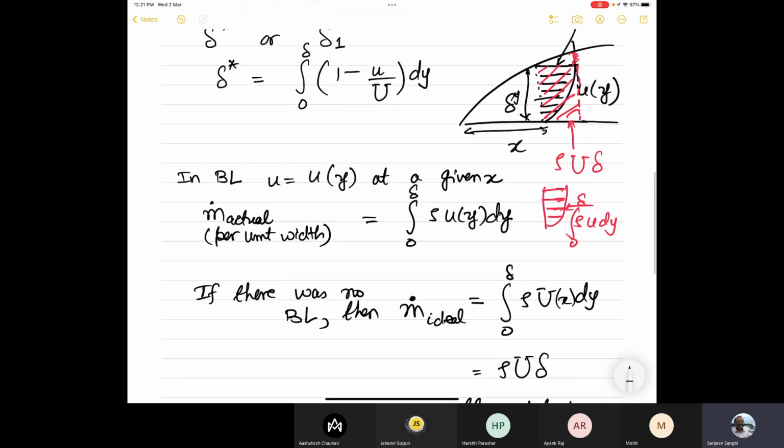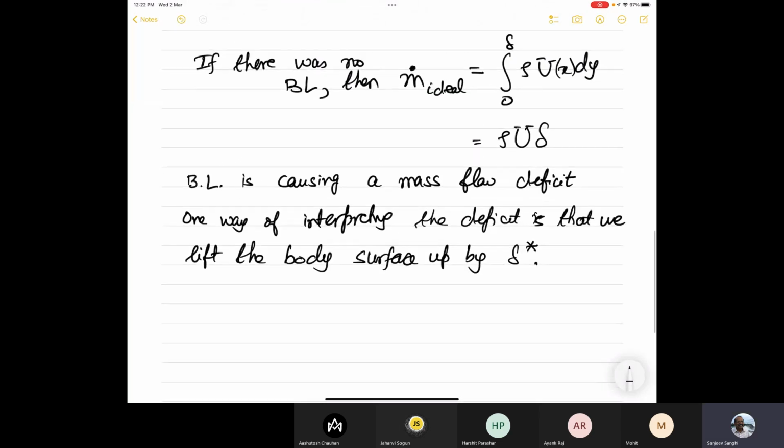That means, instead of the body being at y equal to 0, the body is at y equal to delta star, and if the mass flow rate of the ideal flow from delta star to delta is the same as the actual flow, then that is what we are doing by saying that we have lifted the body by delta star. Let me write this and then give you some time to think about it.